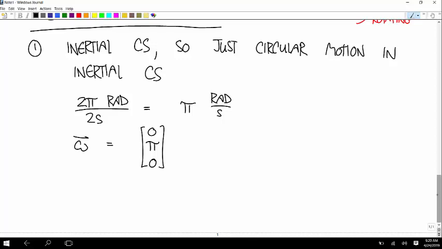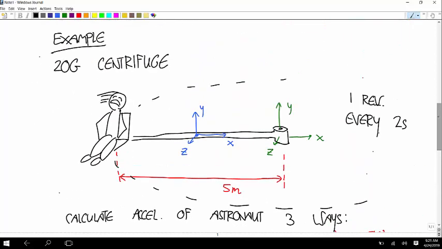All right, and now acceleration. So how are we going to calculate the acceleration? It's just circular motion in an inertial coordinate system. And we're going to assume this is constant for all of these.